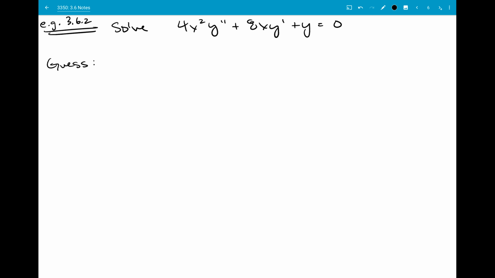And those steps come from just guessing that y is equal to x to the m. So y prime is m x to the m minus 1, and y double prime is m times m minus 1 times x to the m minus 2.